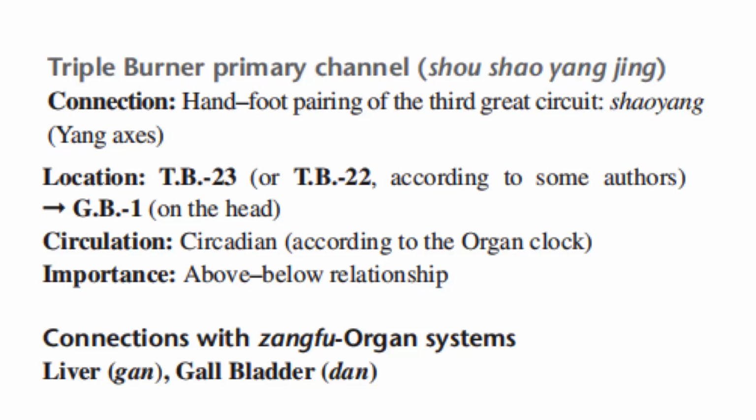It follows the circulation of the circadian cycle, which is according to the organ clock. Its importance: this relationship shows the above and below relationship. For other connections with other Zangfu organ systems, it is connected with the liver and the gallbladder organ.